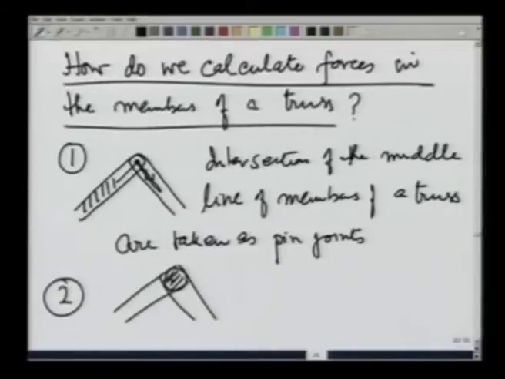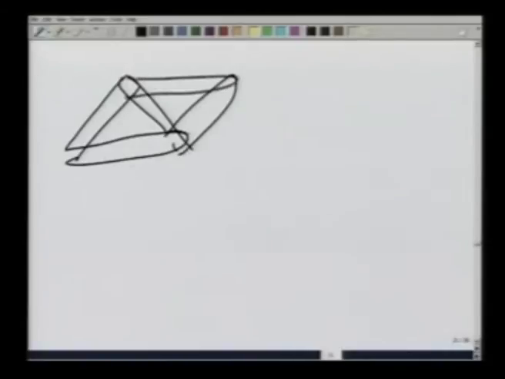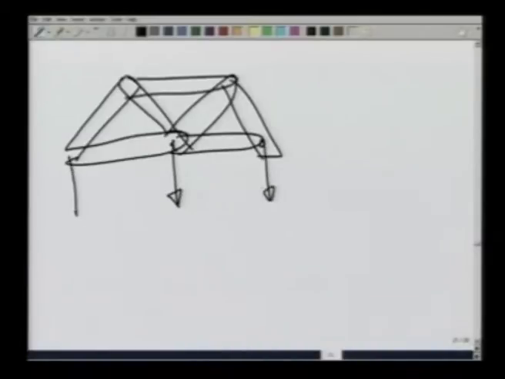Next, we are going to assume that at any truss, all the load is going to be only on the pin joints. That is the next assumption.